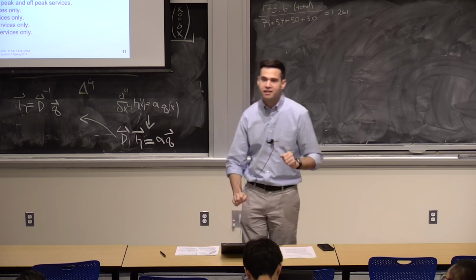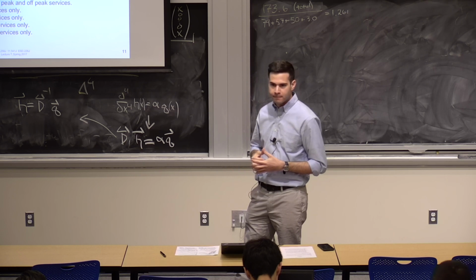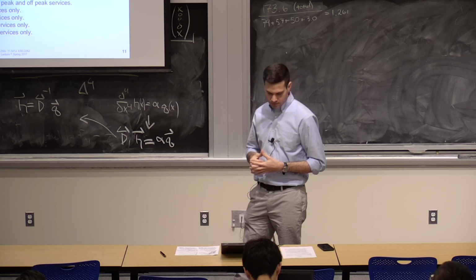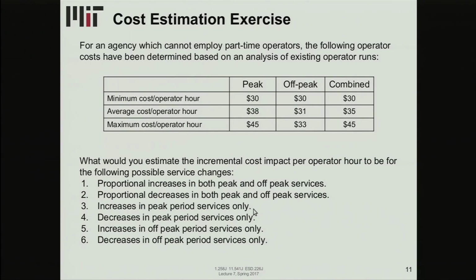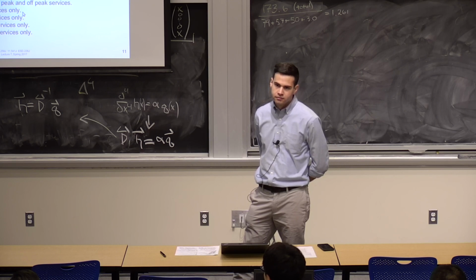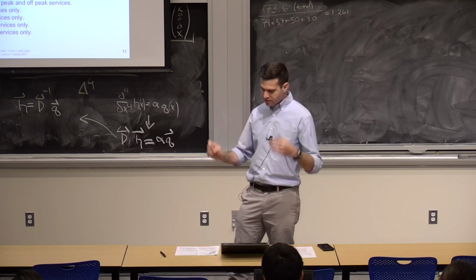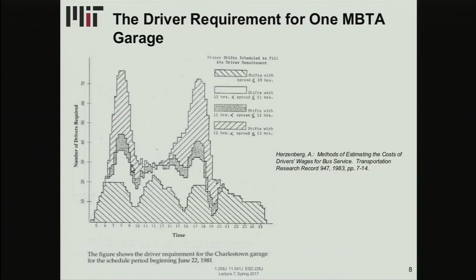Questions? Sonia? If you were going to add to the peak, was it a bad assumption to assume that it's going to be more expensive than your most? We're getting to that. So the third one is increases in peak period services only. But when it combines, wouldn't you want to use the max or the min because it's incremental? The idea is that if you increase things proportionally, then you're going to have the same mix that you have now, but a little more of each.